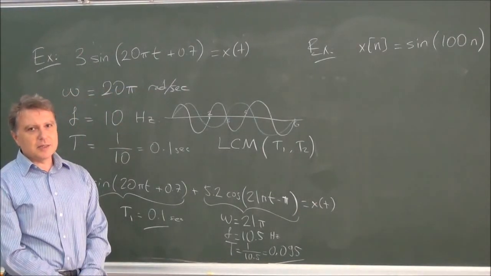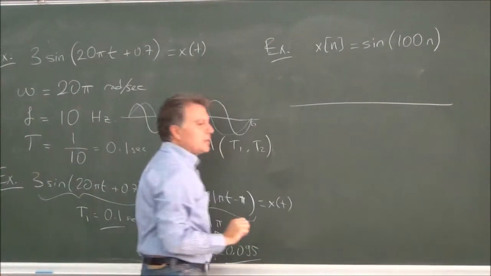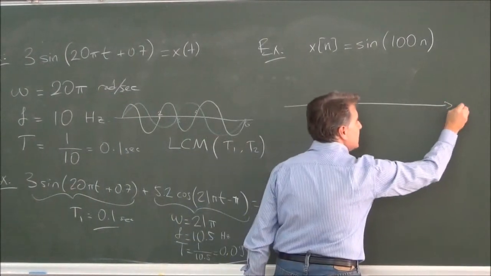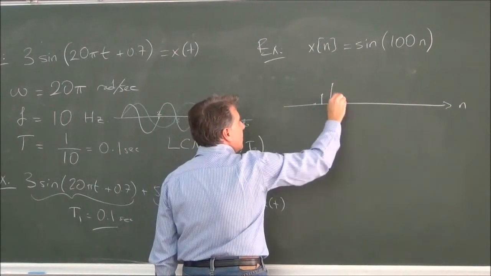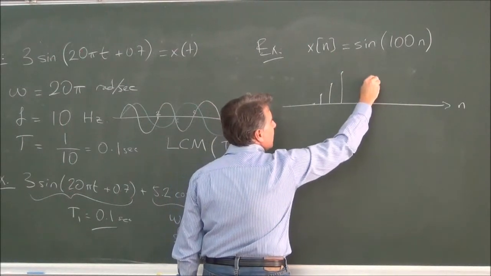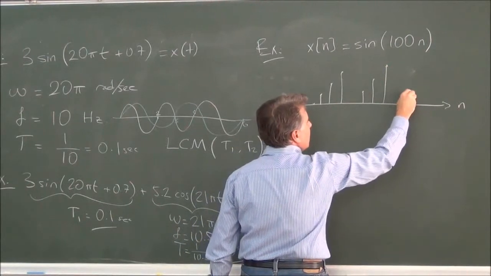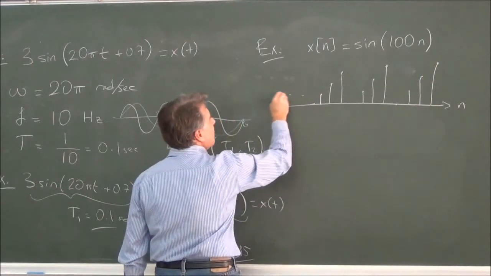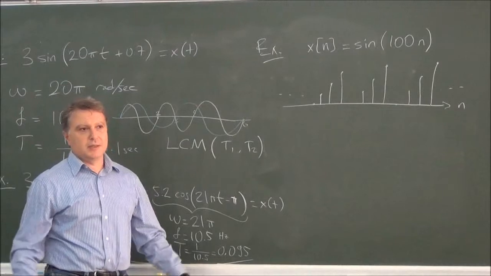Now, in discrete time signals, the periodicity must be strict in the sense of the axis. Since this is, for example, n, for example, such a signal standing to the left and to the right, such a signal is a periodic signal.